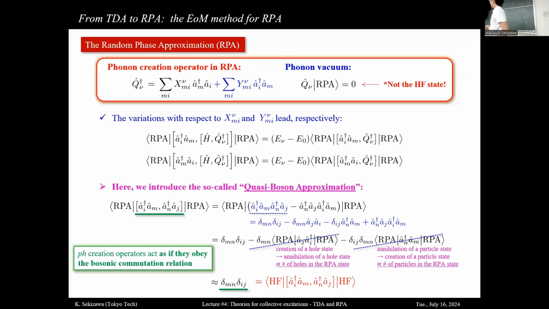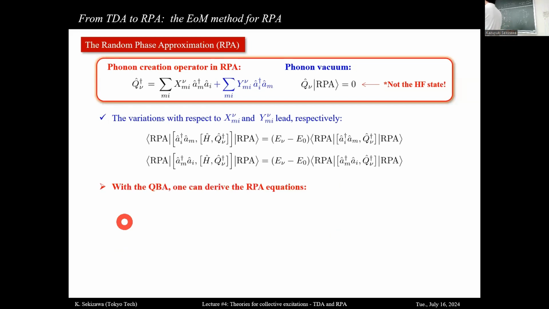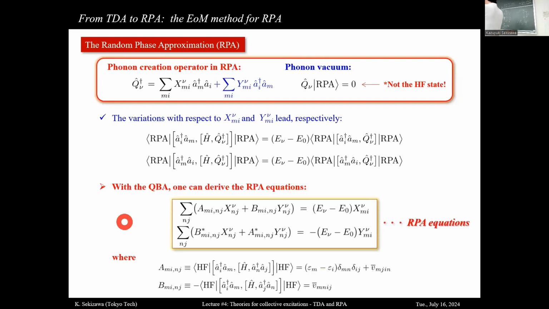Okay, then this was the approximation, and then you can use the quasi-boson approximation to calculate this A dagger A and A dagger A sandwiched with RPA states, and after some calculation, you can get this RPA equation.